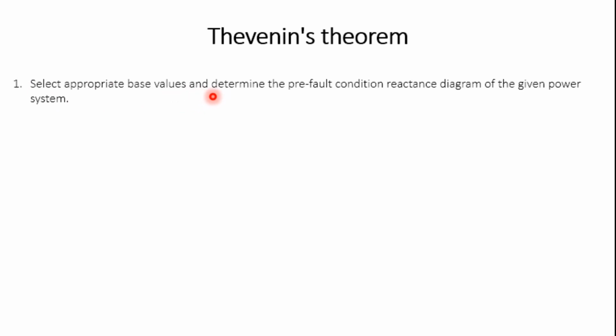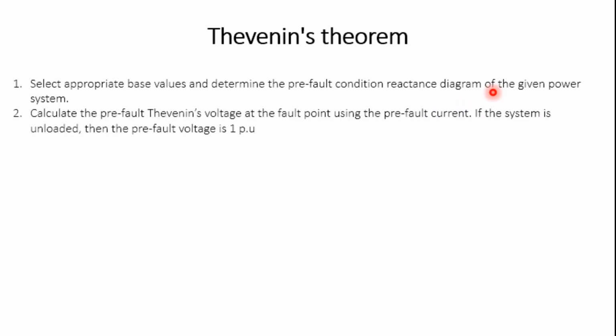There are different parts, such as the generator and the transmission line. If they are mentioned, then we go with what they have mentioned. If not, we have to see whether the generator or the transmission line is feasible, and determine the pre-fault reactance diagram of the given power system.